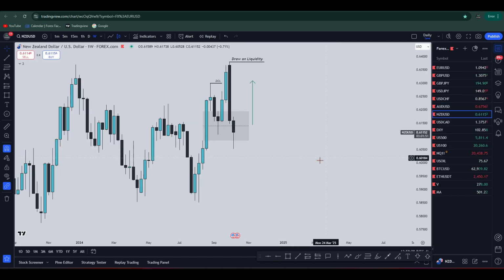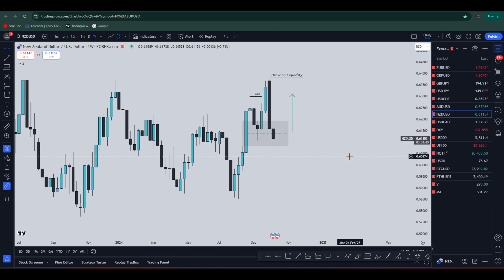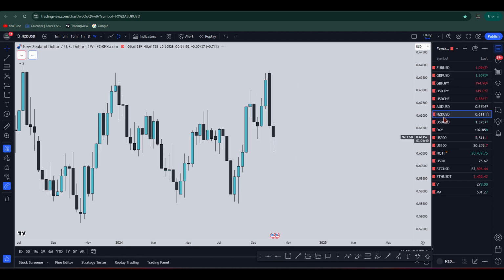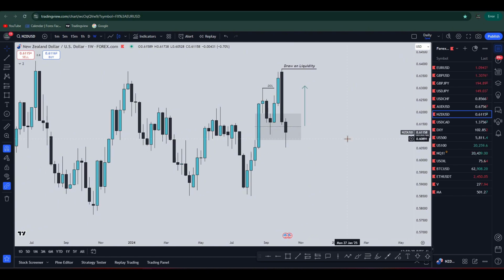New Zealand dollar and US dollar, NZD USD, I'm bullish, pretty much the same thing as the AUD USD. But this is not to say that the price action is really clear, which it is not. We heavily sold off this past week and the week before, and we're not actually respecting bullish PD arrays, so we'll see.